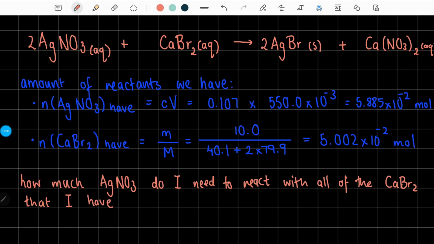Okay, now I have this much calcium bromide, okay? So how much silver nitrate would I actually need to react with all of that?